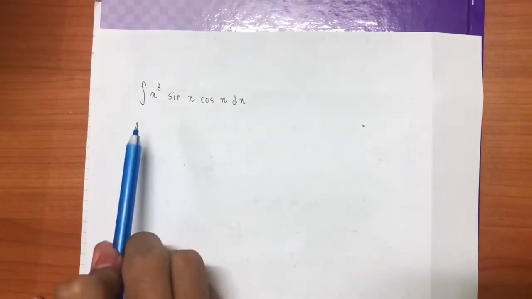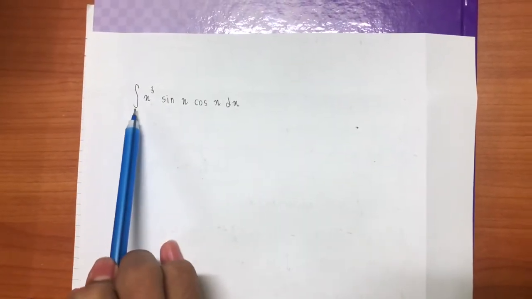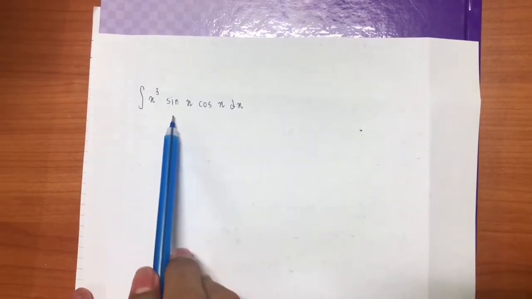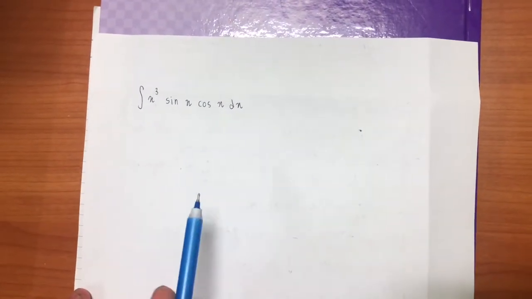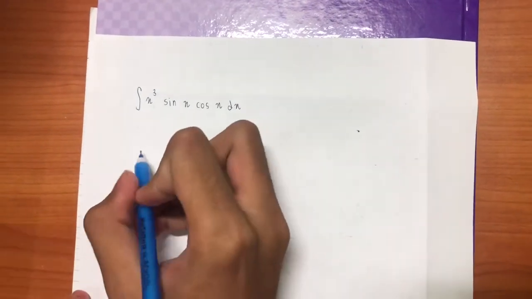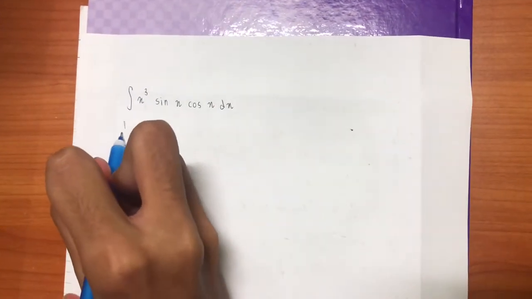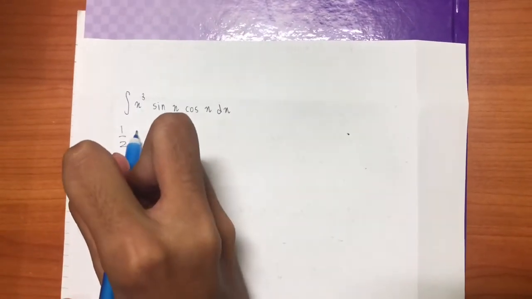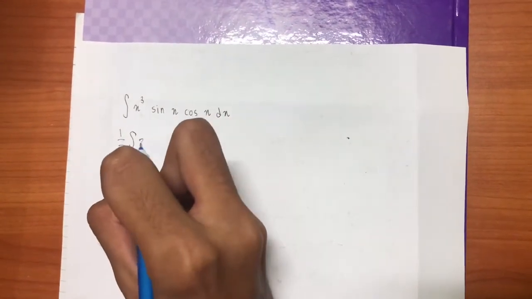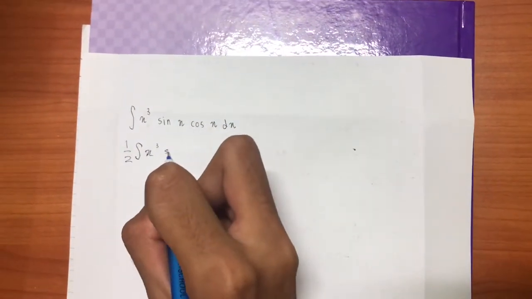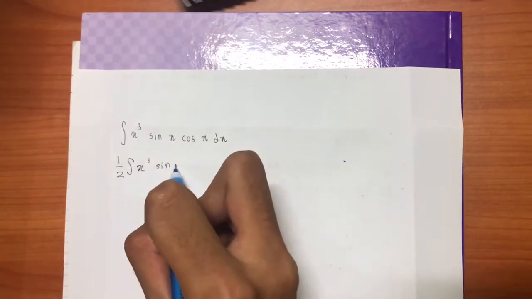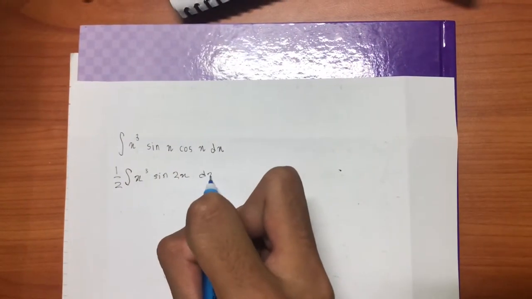Okay, so this is the question. Integrate x cubed sin x cos x dx. So from the previous method, we know that we can change it to half integration of x cubed sin 2x dx.